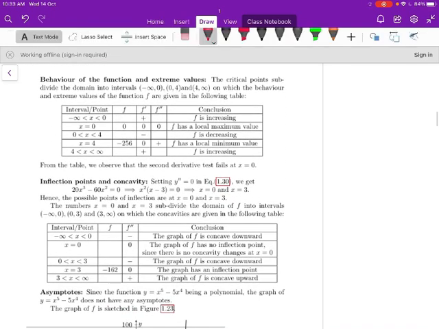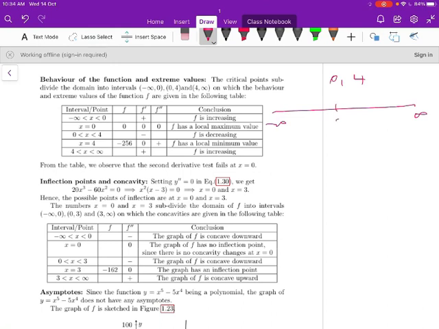Now let us find out the behavior of the function and the extreme values of the given function. We know 0 and 4 are the critical points. The domain of f is minus infinity to plus infinity.